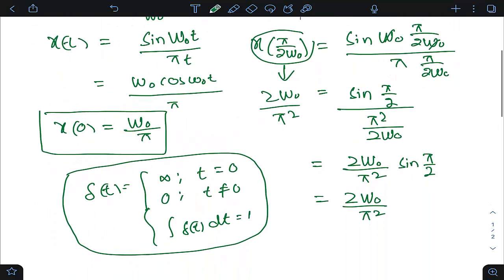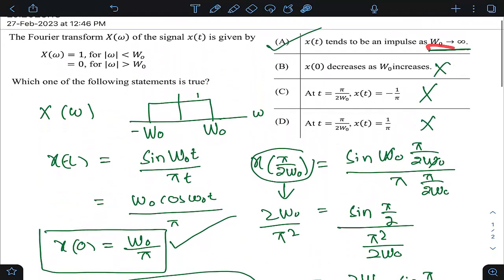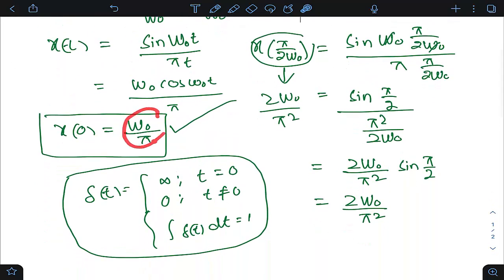When omega naught tends to infinity, don't you think that x of 0, we got it as w naught by pi. So if you make this w naught value infinite, naturally this value is also infinite. Infinite by pi is again infinite.